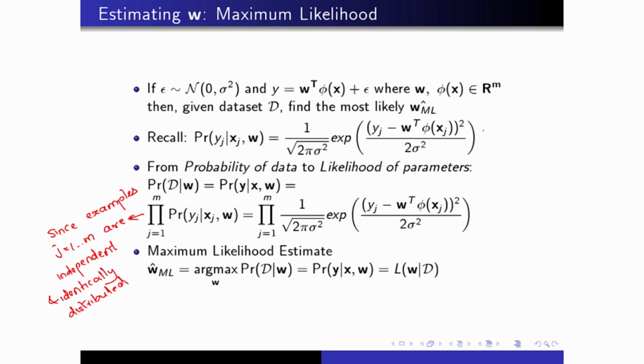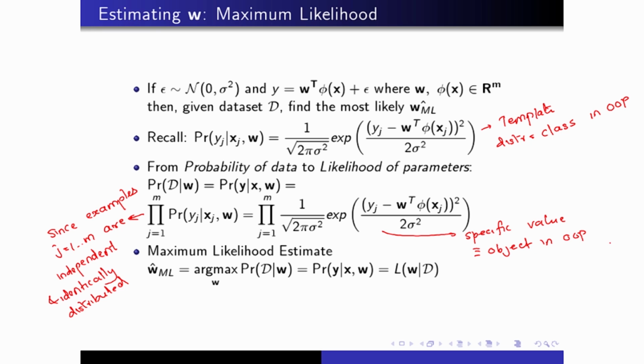So the template distribution is basically like the concept of a class in object-oriented programming. The specific value comes from that distribution, but that specific value could be very different for each instance, and therefore that is equivalent or analogous to the concept of an object in object-oriented programming. So an object is an instance of the class. It comes from that family. However, each object could have very different values of its attributes. That's precisely the case here.